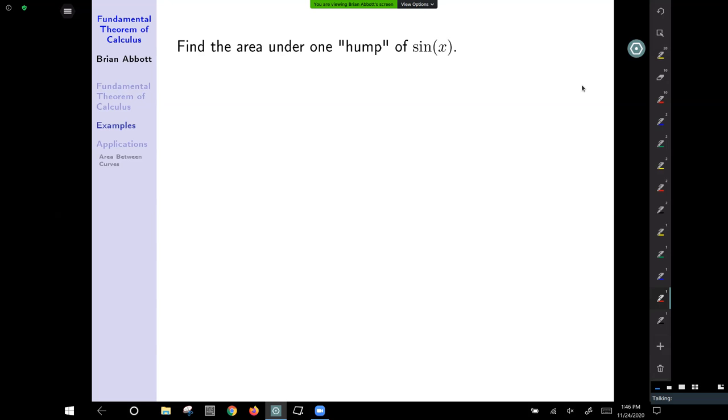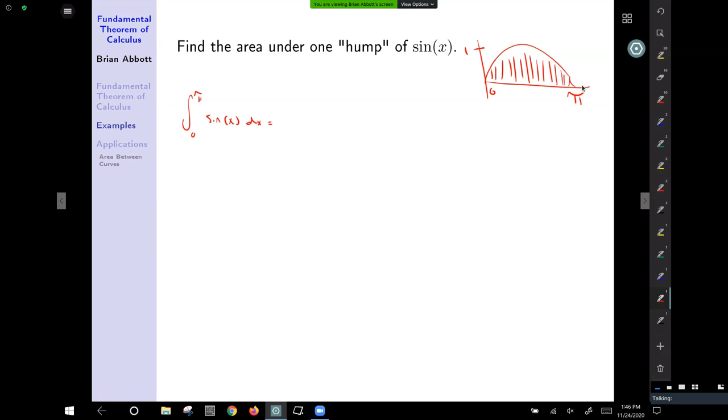But, so what does one hump of sine look like? Well, sine looks like this. One hump of it. And that goes from 0 to pi. That's what I mean when I say one hump of sine. It's going to top out at a height of 1. And that's going to be our area there. So to set up this integral, the area integral for this would be from 0 to pi of sine of x dx.